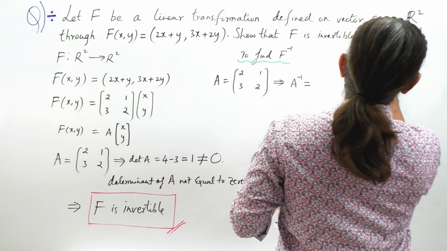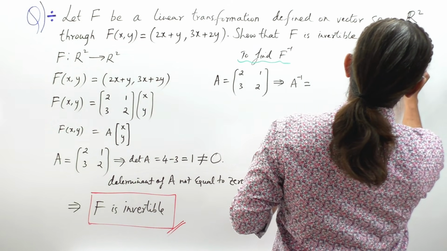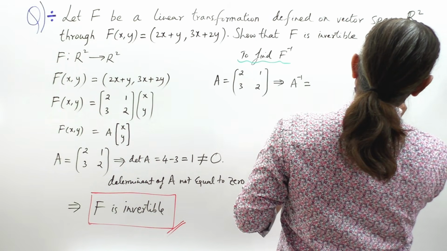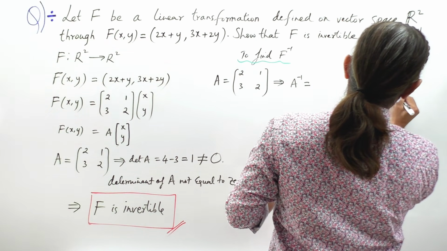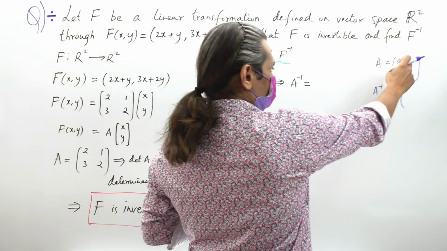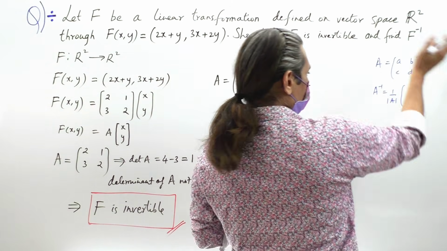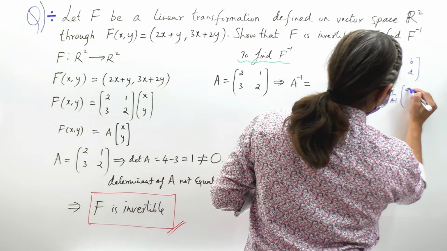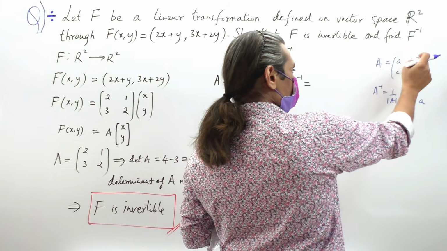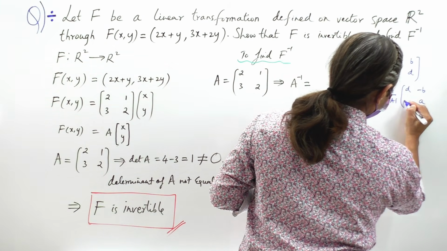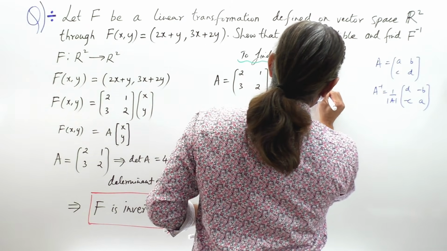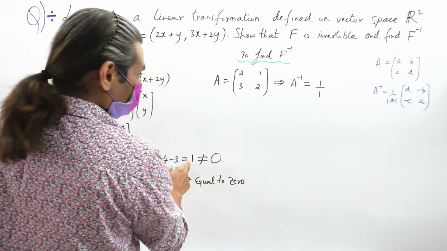So we know if A is equal to, say, [a, b; c, d], then A inverse is written as 1 upon determinant of A into, you know, this a and d swap, d comes here and a goes here, but the signs of this b and c change. That's all. Based upon this theory, we can write this as 1 upon determinant, which is 1 here as we found out.